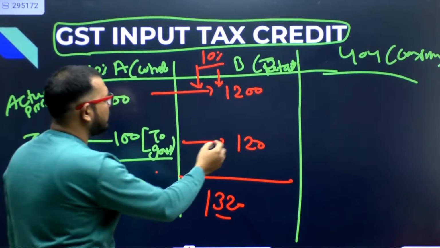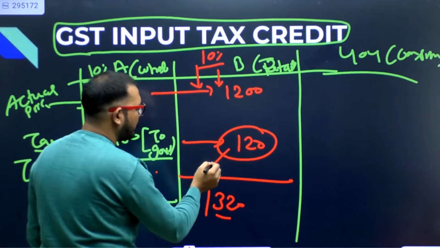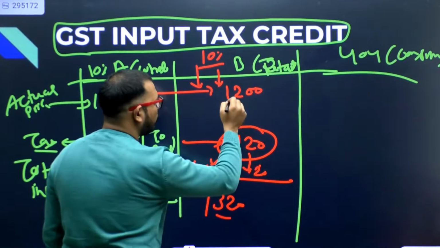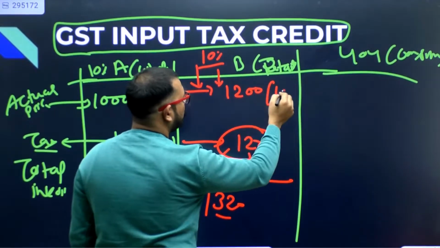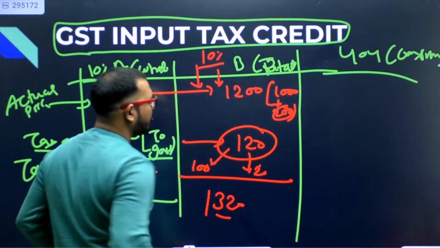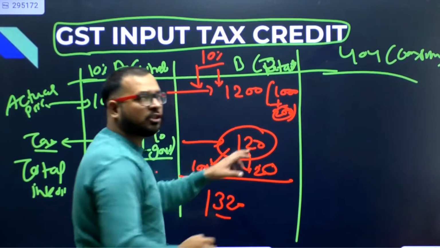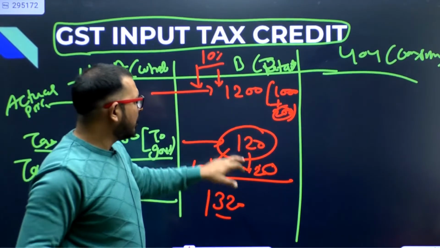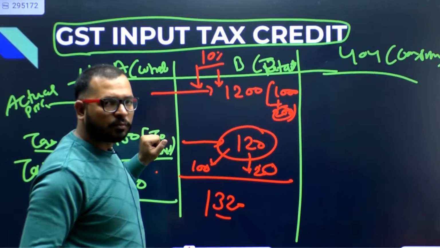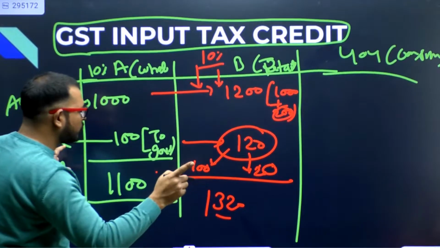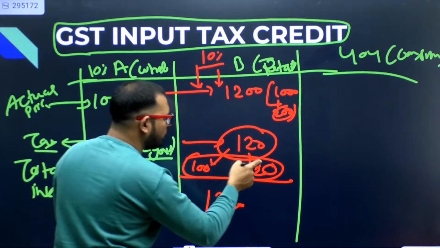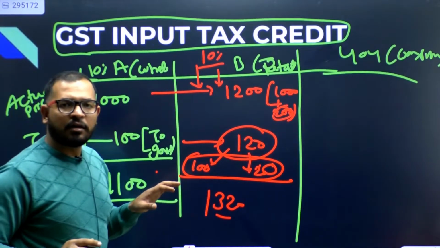So actually, 20 rupees tax on this 200 rupees value addition and 100 rupees tax on this 1000 rupees. But to whom is this tax paid?